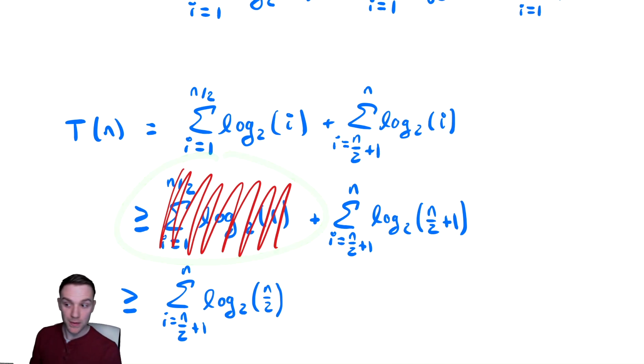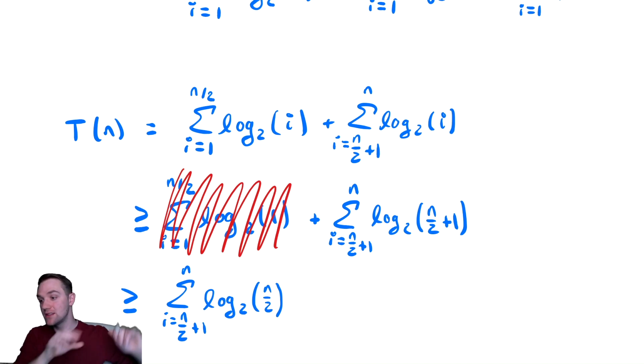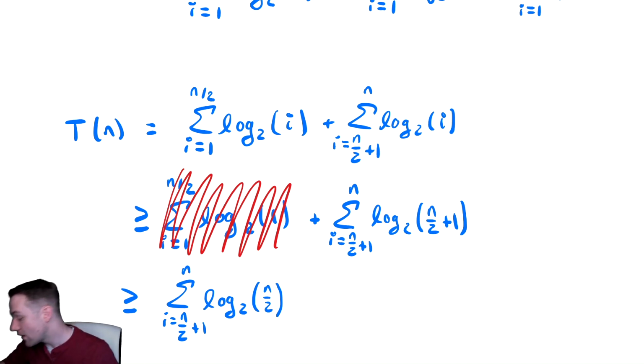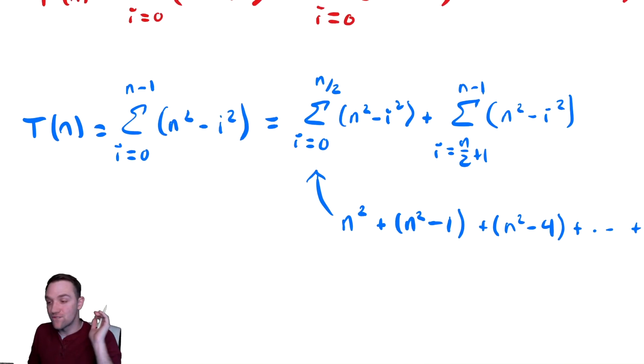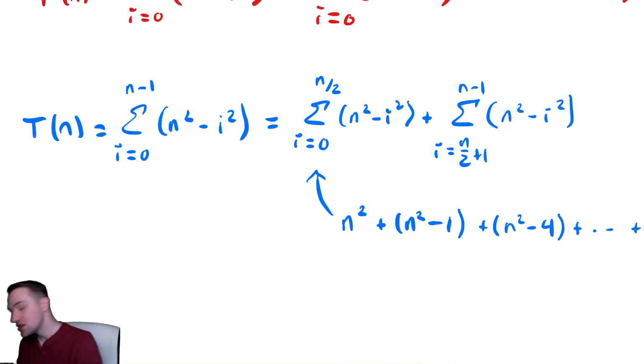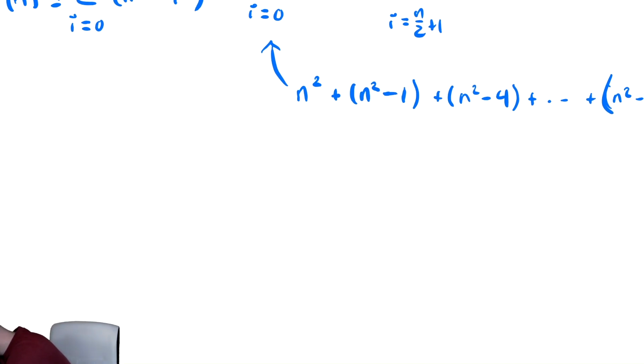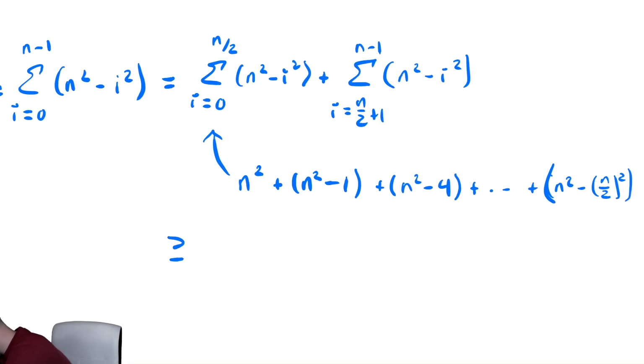The reason for doing that is that that was the smaller summation. We want to drop the smaller of the two summations. In this case with the log, those first terms were smaller than the second half of the terms. However, when you have a decreasing function, as we do here, the first half of the terms are the bigger terms of the summation. So, to bound this below, what we're going to do is drop the second summation. We're going to remove this summation.